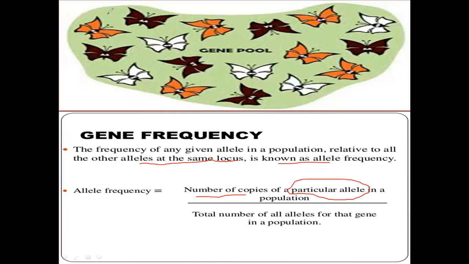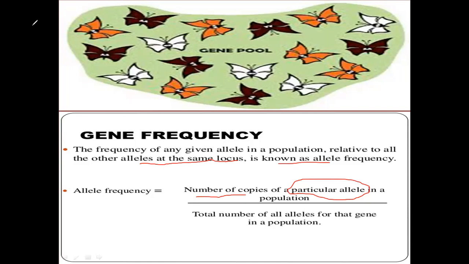So particular allele in a population upon total number. See here from this diagram, it is clear. Orange colored moths are shown here, white colored are shown, then brown colored. So different colored moths are shown. It shows a particular allele in a population. This is the population, a population of moths. Then it is upon the total number of all alleles.